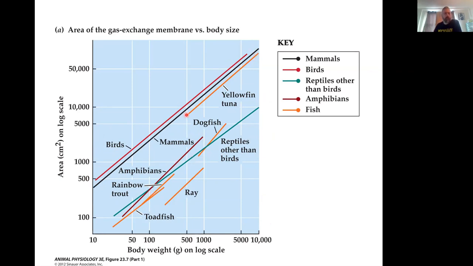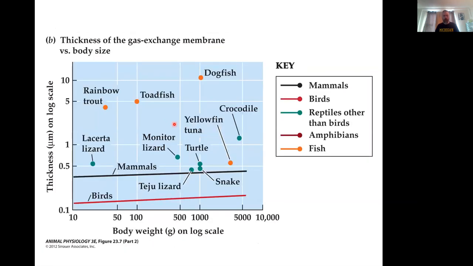Things like yellowfin tuna that have large respiratory membranes because they have high activity levels, but they're really the exception rather than the rule. Now, importantly, this is not lung volume, this is not lung size. Reptiles have big lungs compared to their body size, say in comparison like mammals do, but the surface area within them is relatively small. And we'll see why that is in a little bit.